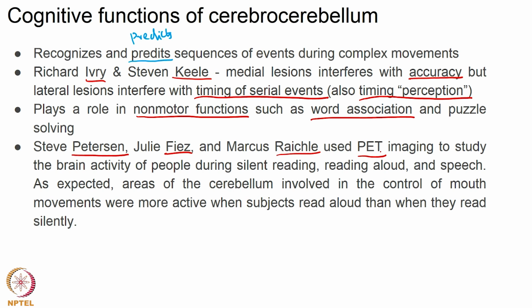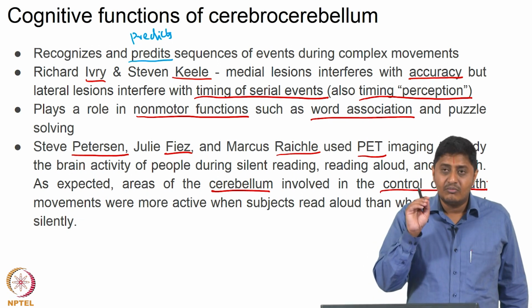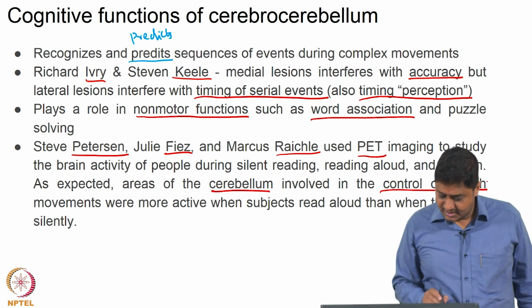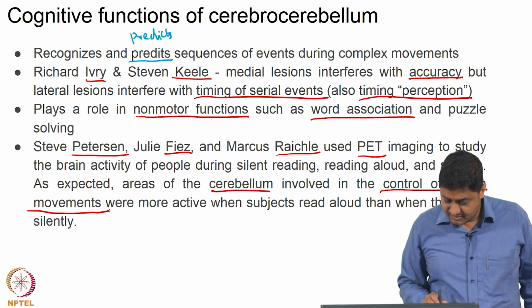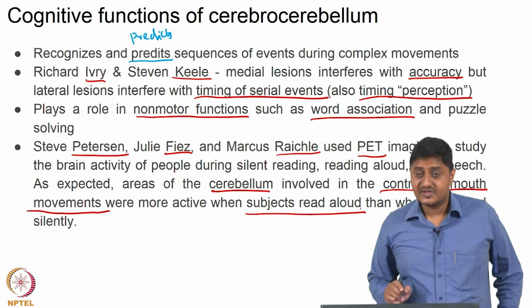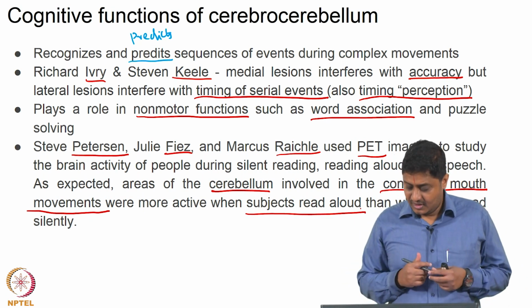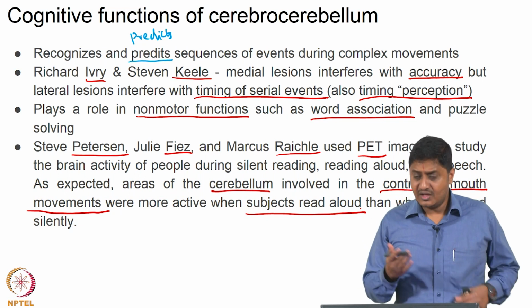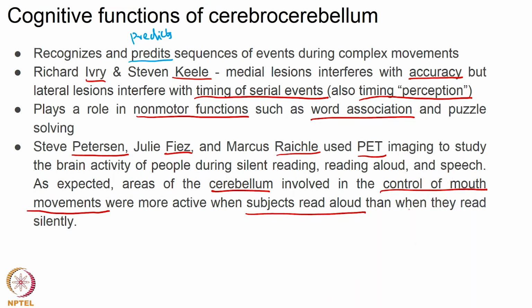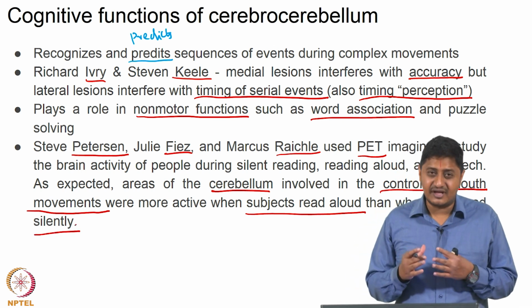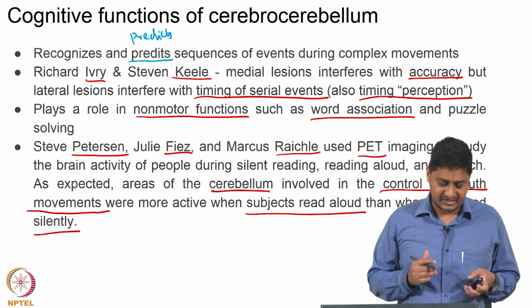What one would expect is that areas of the cerebellum involved in control of mouth movements, since speaking out means movement of muscles of the mouth, were more active when they read aloud. When you keep quiet or silently read, there is a different level of activity, showing that there is motor related activity and non-motor activity both.